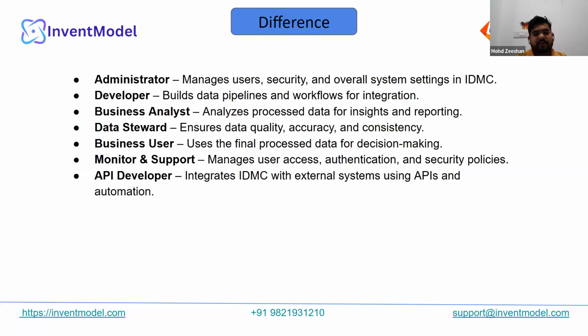Business analysts analyze and discuss what the use of this data is, which we are now getting from different sources. They analyze where we can use it, what the use of this data is, and how we can utilize it. So these types of users come under the business analyst.